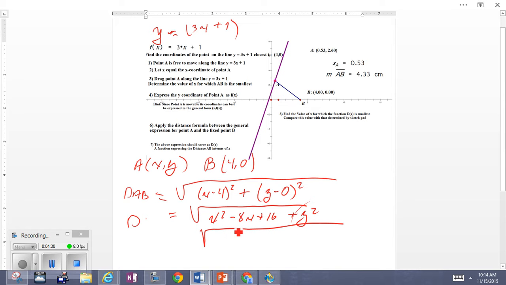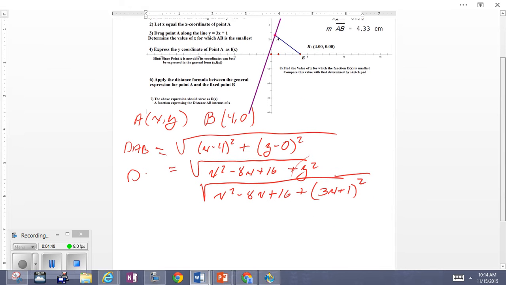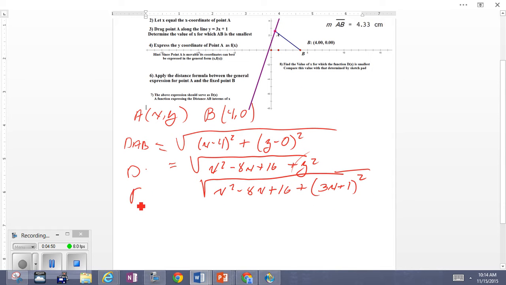When we do that, we get x squared minus 8x plus 16 plus y, which is now 3x plus 1, quantity squared. We now have distance as a function of x.